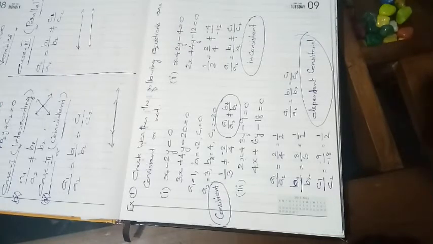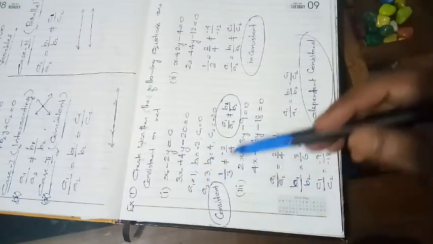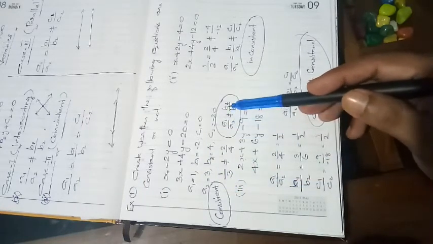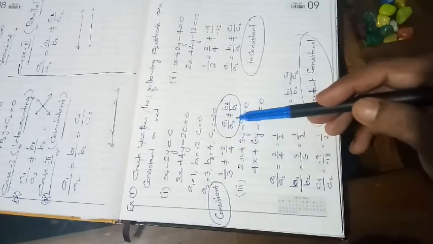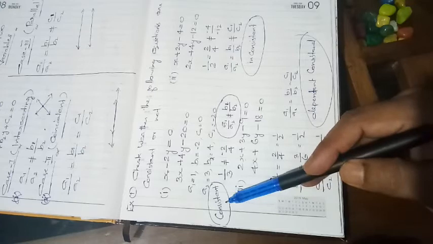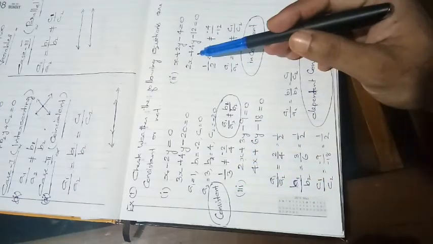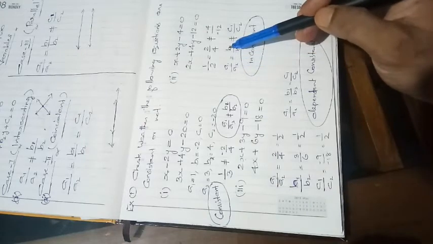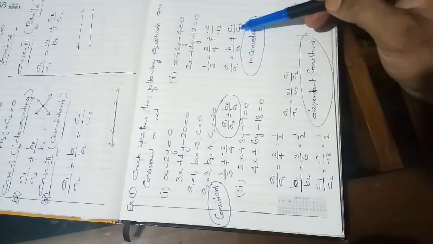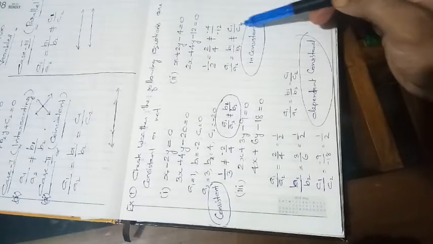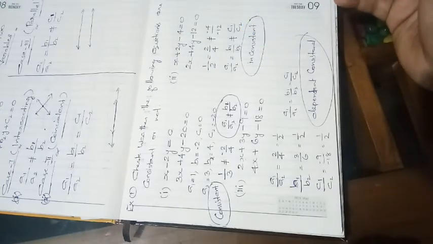So once again I am repeating, the first equation belongs to the first case, that is a1 by a2 not equal to b1 by b2. Here the two lines are intersecting, so it is consistent. The second pair belongs to a1 by a2 equal to b1 by b2 not equal to c1 by c2, which means the pair of lines are parallel, so it is inconsistent.